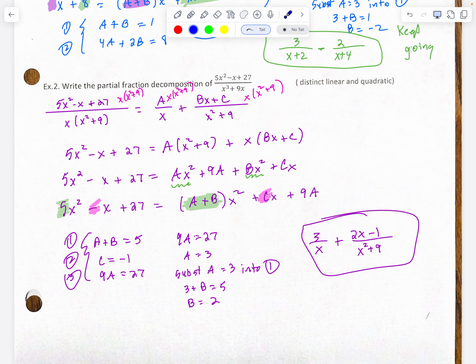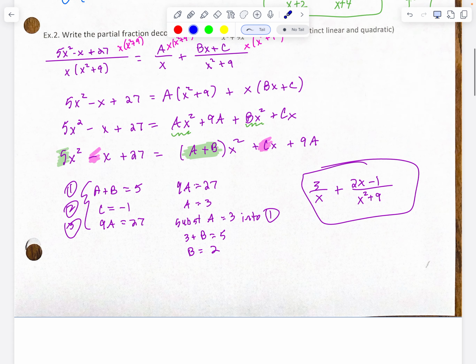All right, so now it'll clear out the fractions. And a is left times x minus 1 x squared plus x plus 1.